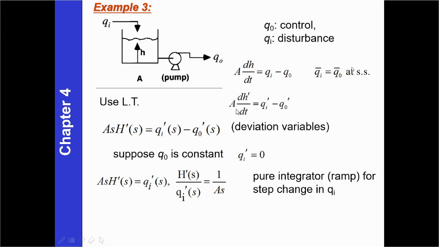And you will have A times dH dash over dt equal to Qi dash minus Q naught dash, for deviation variables. In the Laplace domain, A s H dash(s) equals Qi dash(s) minus Q naught dash(s). Suppose Q naught is constant, then Q naught dash equals 0. Therefore A s H dash(s) equals Qi dash(s), and H dash(s) over Qi dash(s) equals 1 over A s. In other words, it is a pure integrator, or ramp for a step change in Qi.